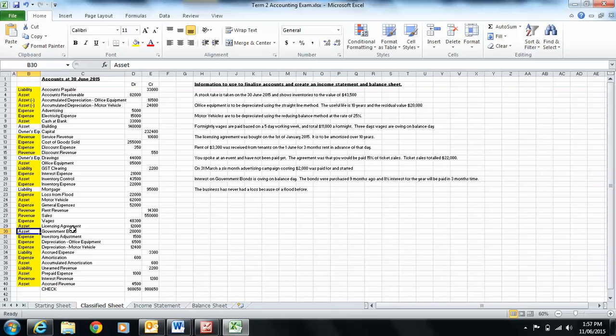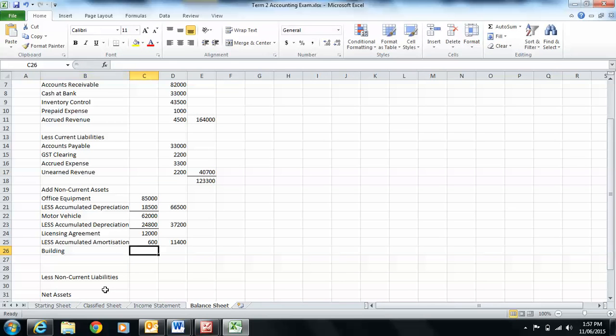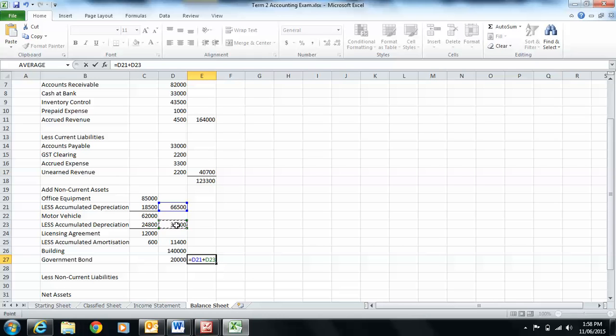And we have then the last two assets, a building valued at $140,000, and the government bond, which is valued at $20,000. So we can now add up our non-current assets and say, okay, we've got $275,000 worth of non-current assets.